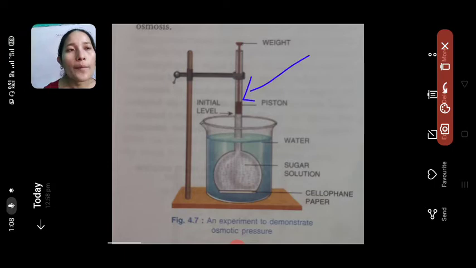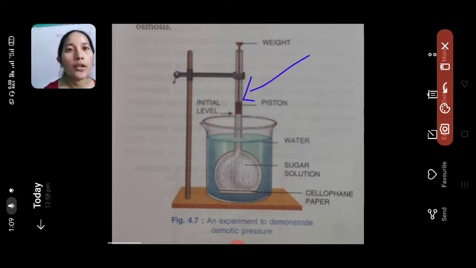After the piston is inserted, the water from the beaker would not be able to move towards the thistle funnel because of the pressure exerted by the piston. Thus we can say that osmosis was not initiated. So here you can see that a certain amount of pressure is inhibiting the process of osmosis. Now this pressure is known as osmotic pressure.